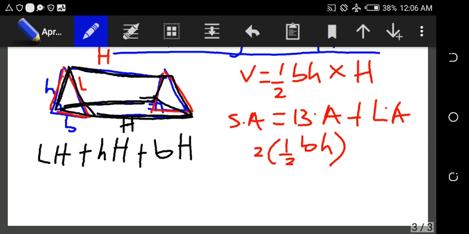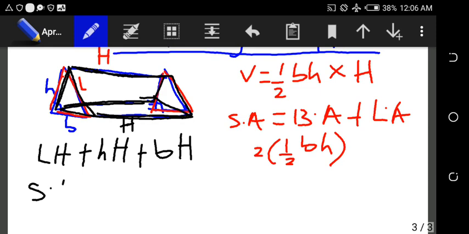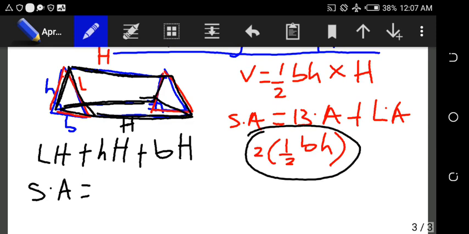So altogether, it means that the surface area of a triangular prism is given by, coming back to this place, the 2 multiplying half base times height. The 2 cancels the 2, so what we're left with is bh. This bh is for the area of the two triangular faces.